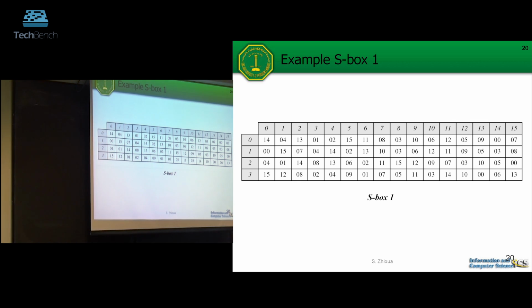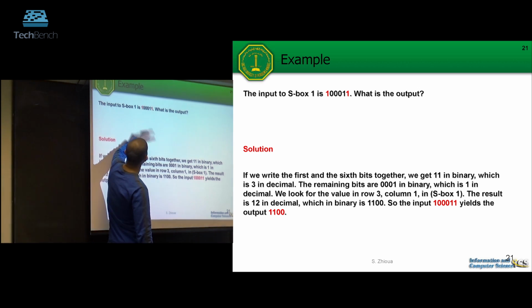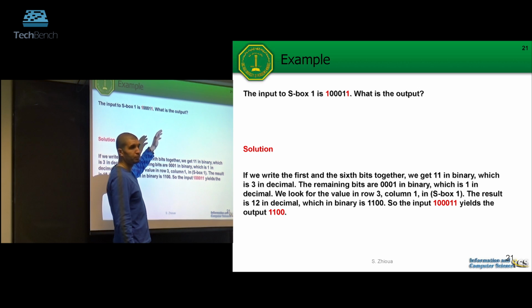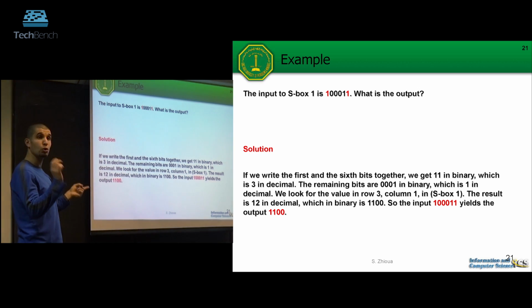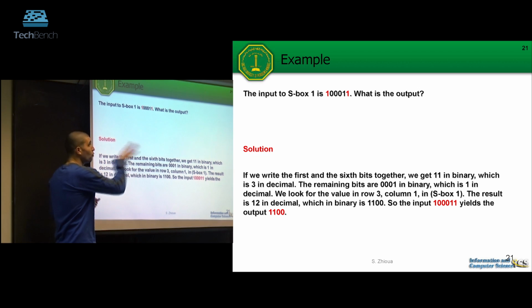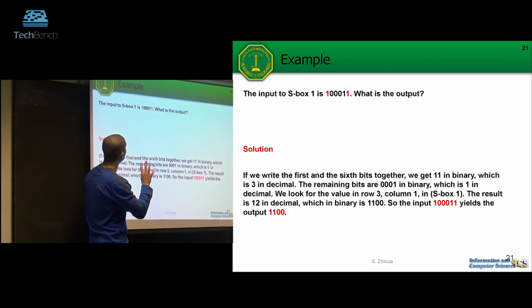It works well with an example. Suppose the input of S box 1 is 100011. What is the output? You split the number into the 4 middle bits and the 2 external ones. The middle bits give you the column, which is 1, so the second column.